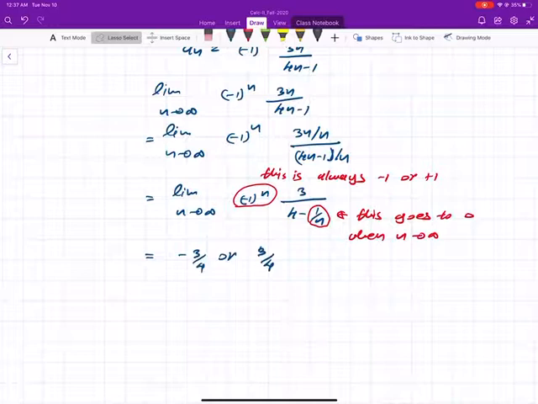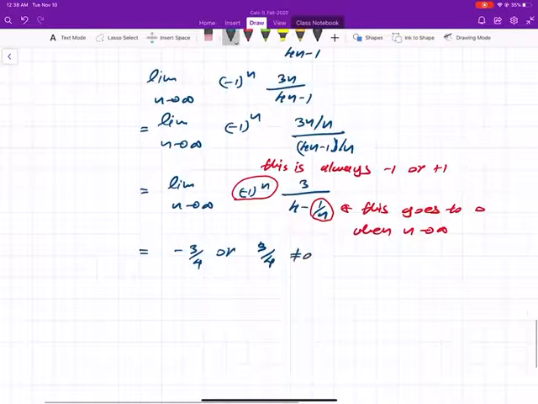So either negative 3 over 4 or positive 3 over 4 does not equal 0. Either of them does not equal 0.